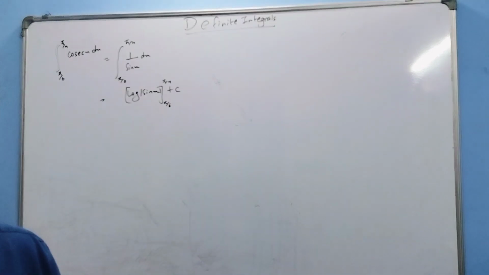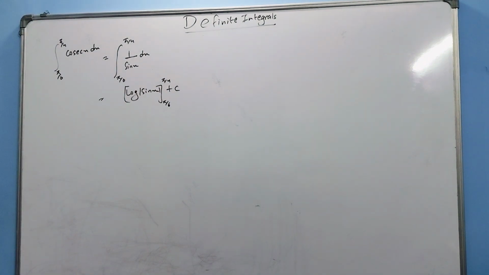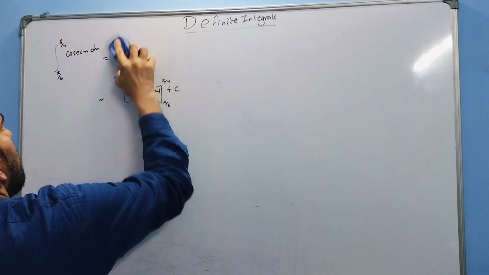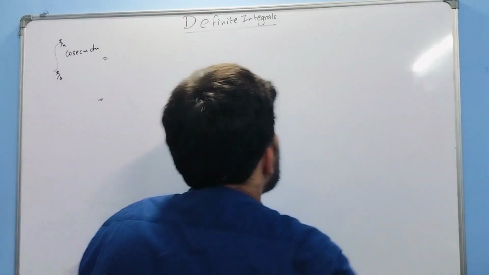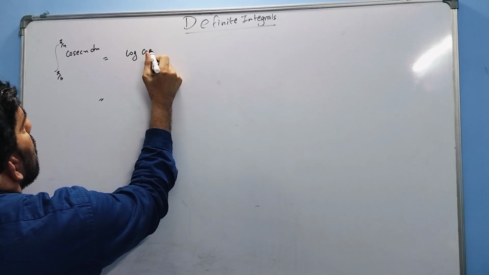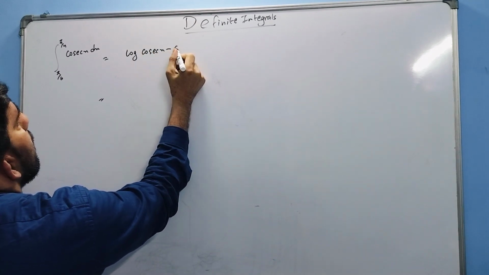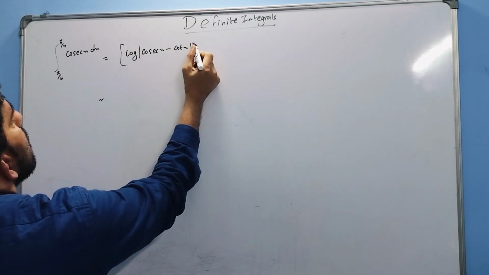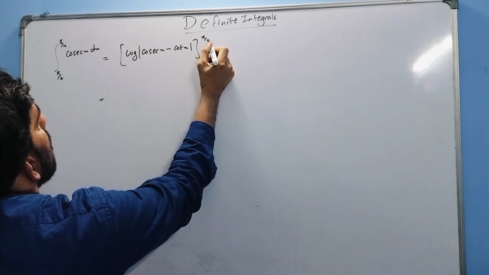Now we'll try to find the integration of cosec x. We have the formula, that is log of cosec x minus cot x. So directly we will apply that formula here, so that we are able to find the value.